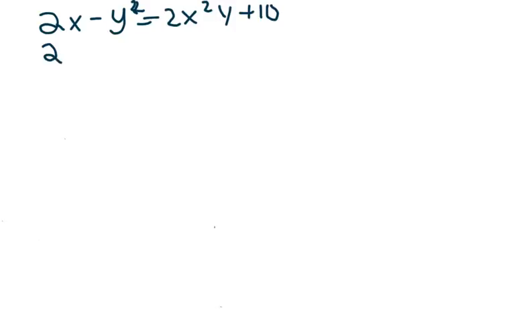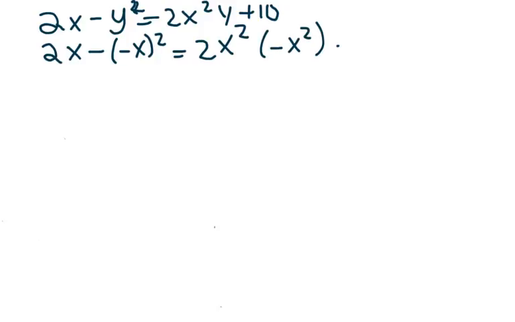So 2x minus negative x squared equals 2x squared times negative x squared plus 10. The reason we're plugging in negative x squared is because we just want one variable that we're solving for. We're trying to find out what the value is for x.